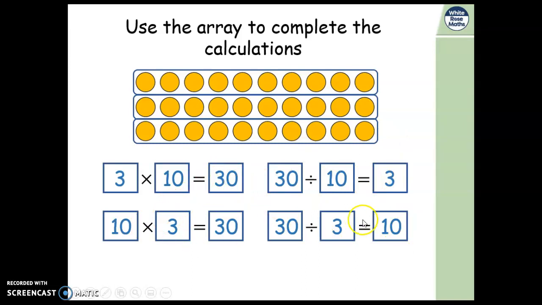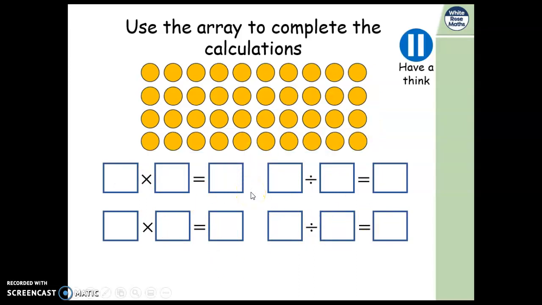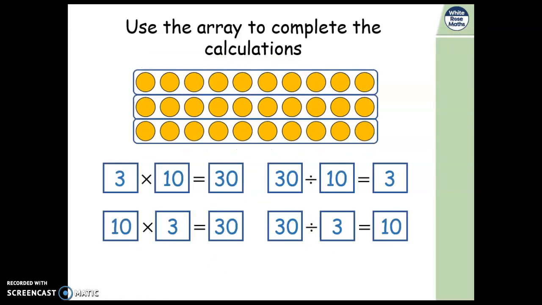And look at them, they've all got the same numbers, they're just in a different order. But you've got to make sure that those are in the correct order, because we can't have 3 divided by 30 equals 10. So make sure when I say you can put them in any order, it's got to be any correct order.